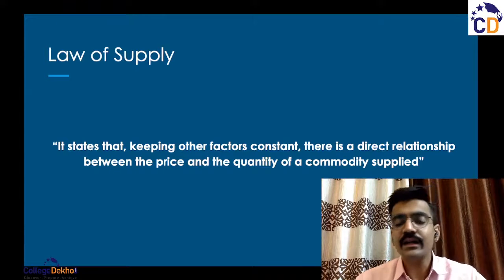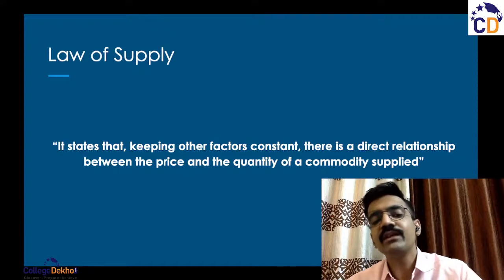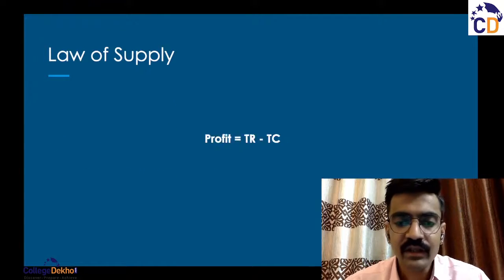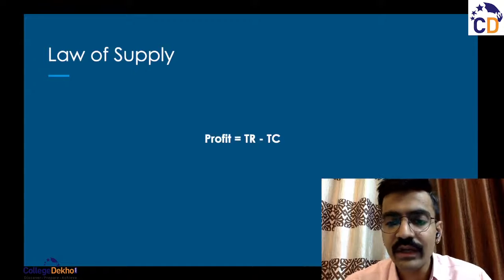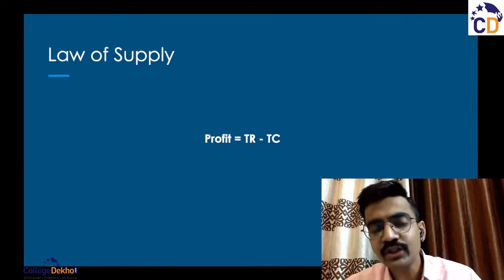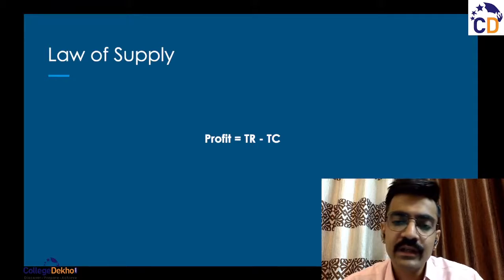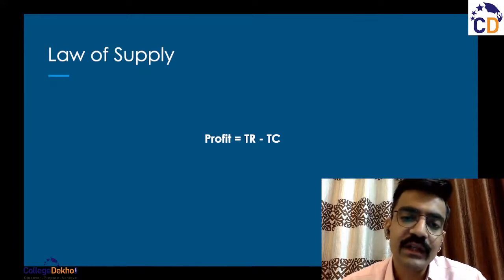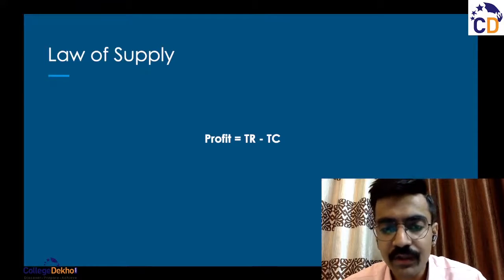Then the demand will again increase, and if the demand is increasing, the prices will again rise. All right. So this was to show you that there is a direct relationship between the price of a commodity and the quantity that is being supplied of that commodity.